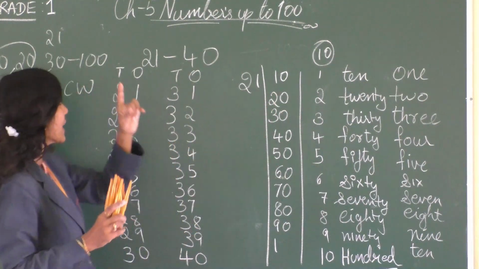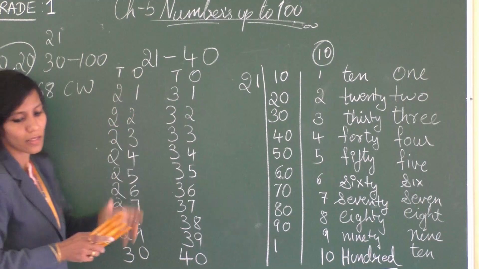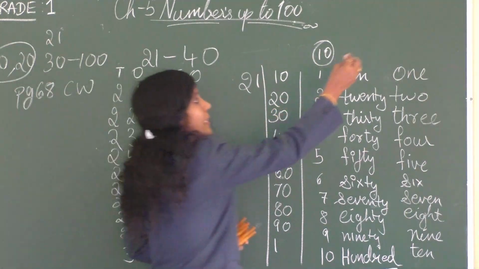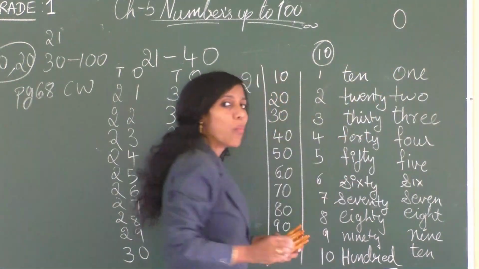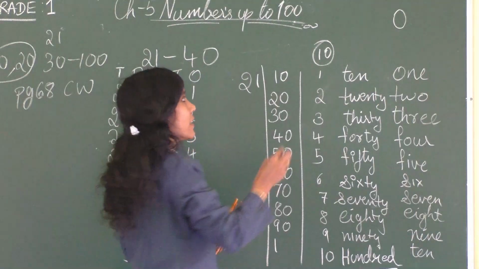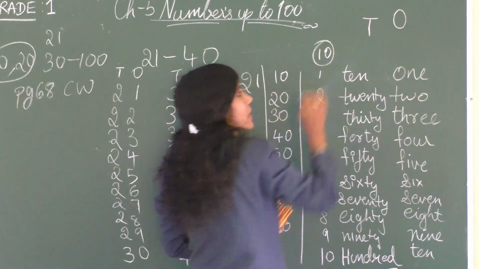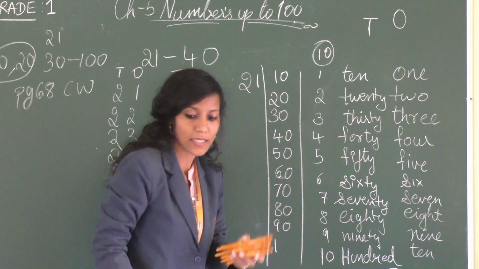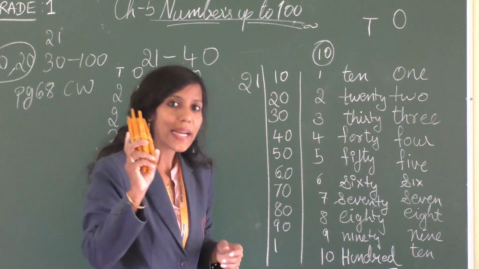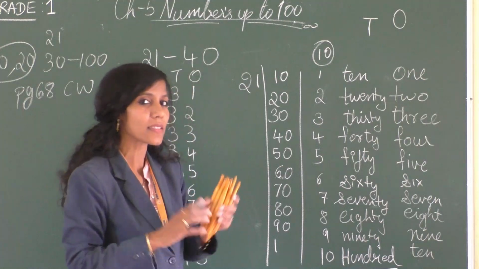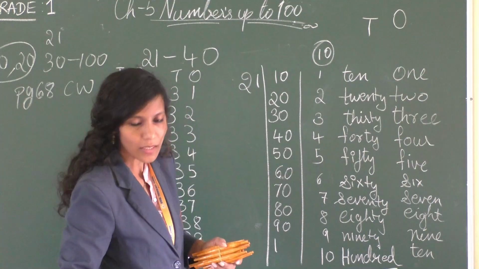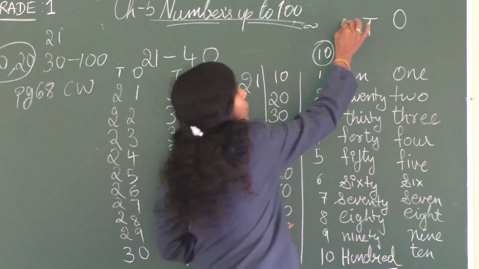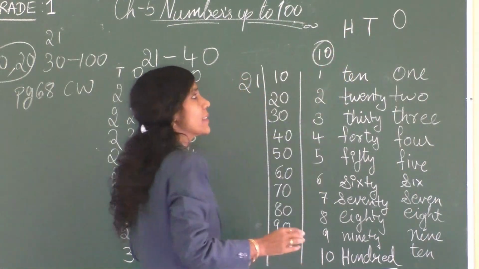The 10th one, when it gets inside, becomes one bundle of tens. Similarly, when 10 such bundles club together, we go to hundreds.